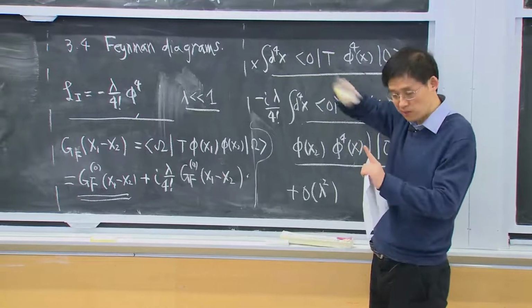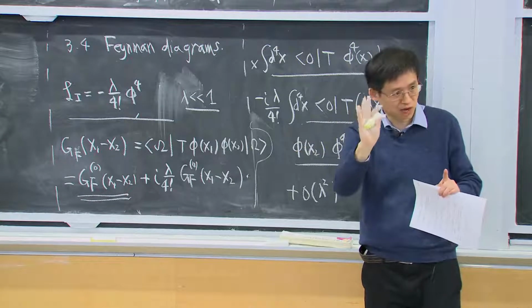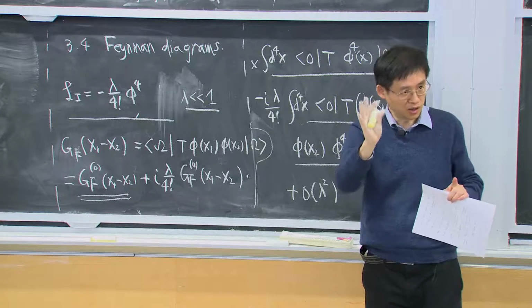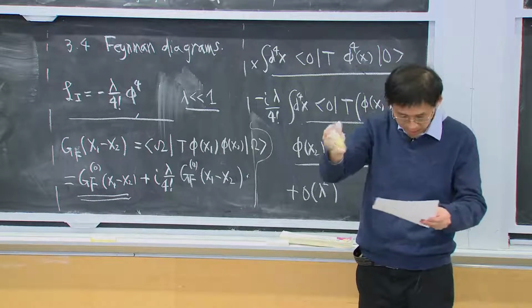But if each phi contracts differently, then again you permute the phis, and it should be the same.